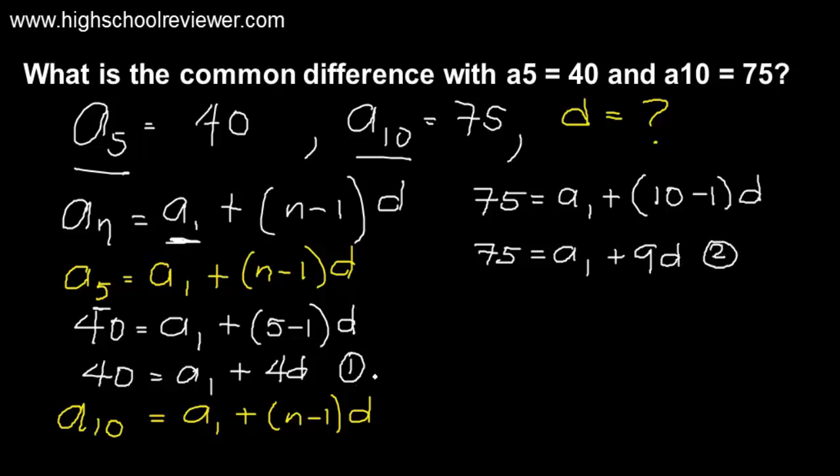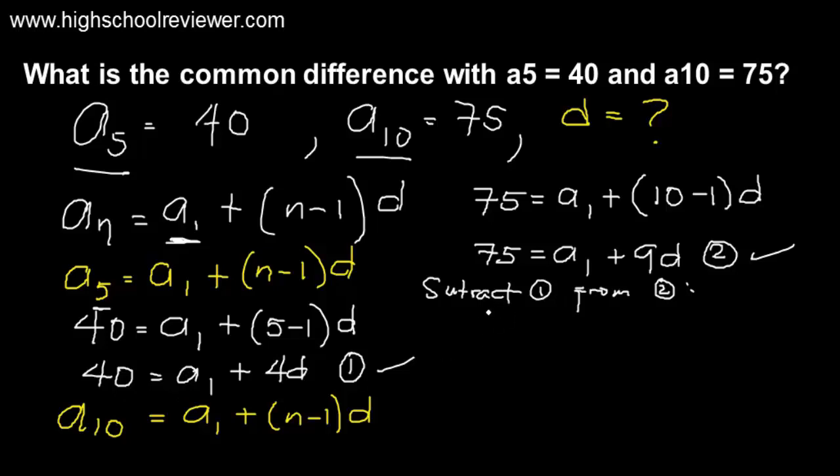Now, looking at equation 1 and equation 2, we can subtract the two equations so that we can cancel out a sub 1, and what will remain will be the variable d, and we can find its value. Now, we are going to subtract equation 1 from equation 2, because 75 is bigger than 40 and 9d is bigger than 4d.